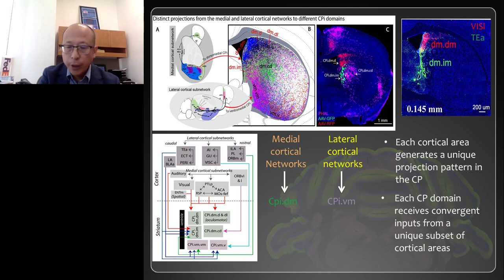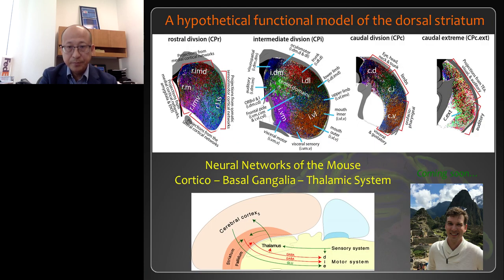However, what we really should pay attention to is that each individual cortical area's projection pattern in the striatum is very unique. But each individual striatum domain receives convergent inputs from a unique subset of cortical areas.